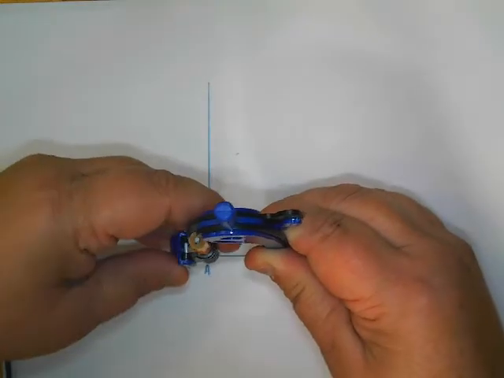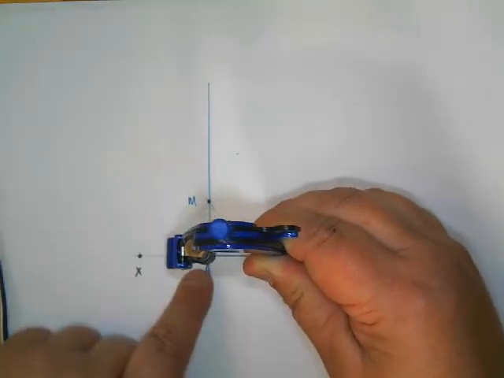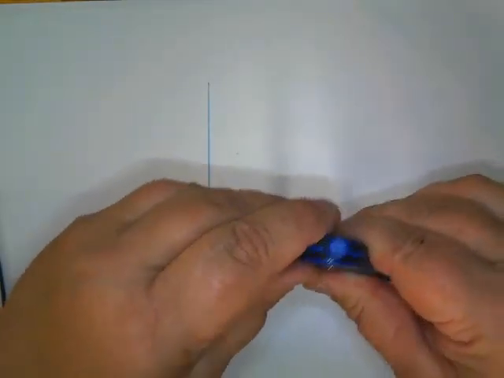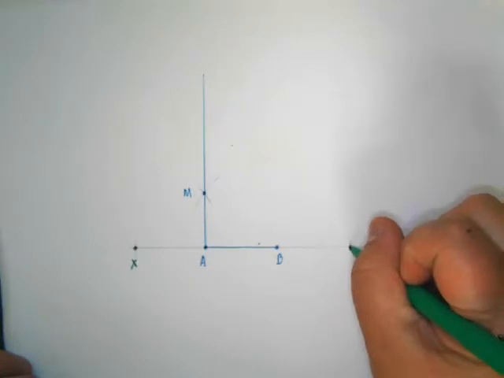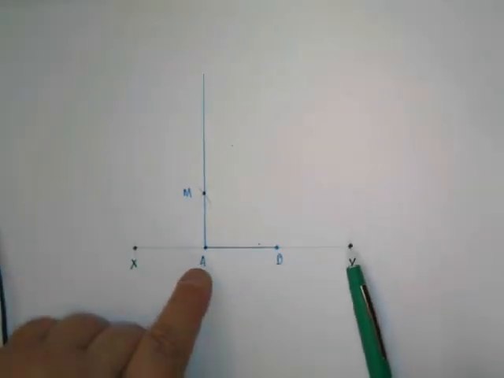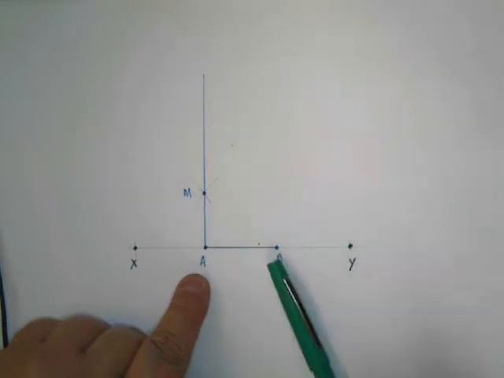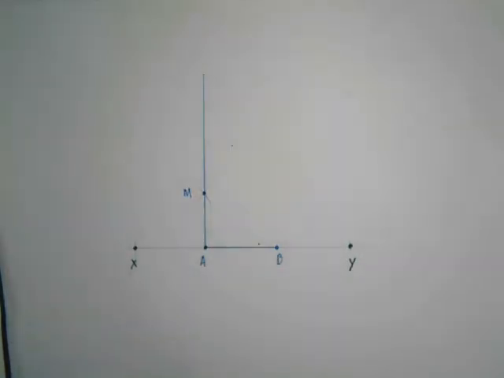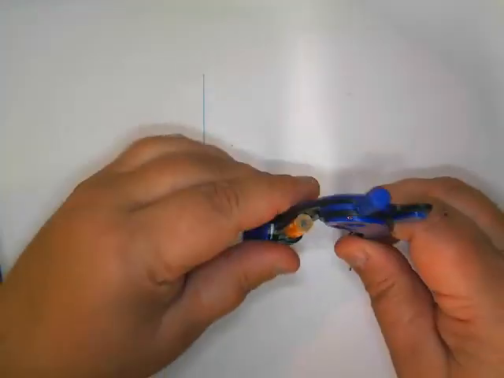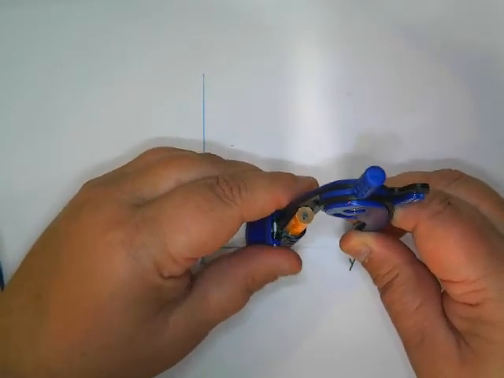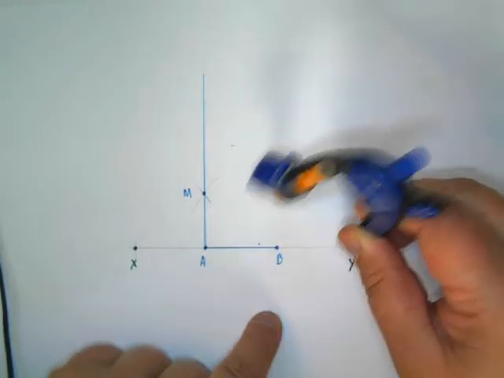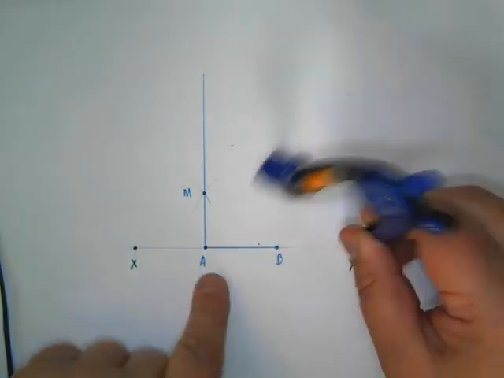So again, I'll set this setting. I'm going to use A as one endpoint of the segment, and I am going to make a second point. I'll call that Y. So what I need to now do is make the perpendicular bisector of segment AB that will go through point B. So I will set my first compass point at Y. Make sure I extend this to more than half of what I would like to bisect.